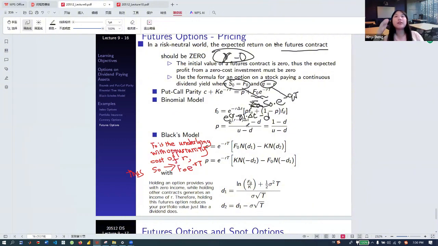Here I'm just writing out the numerator. For these futures options, we're just replacing that q with r. Therefore, e to the power of 0 will just become 1. So that's the binomial model.